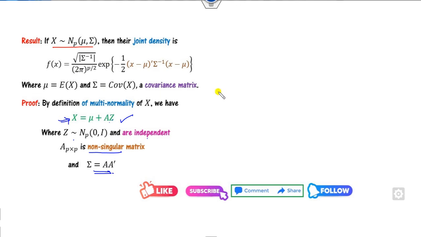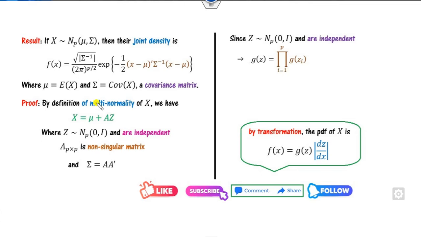Whenever you find something like this, you always use the transformation. So I can start from here, because we need a transformation. f of X is a function dependent on Z, so f(x) equals g of Z, where g is the PDF of Z, into the Jacobian. This is called the Jacobian.